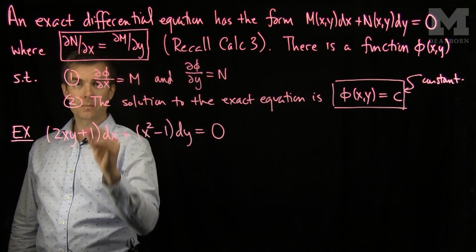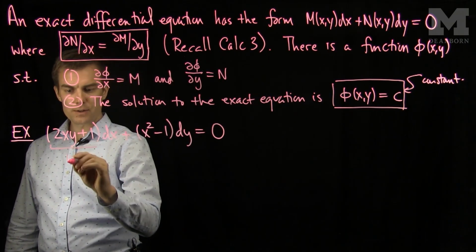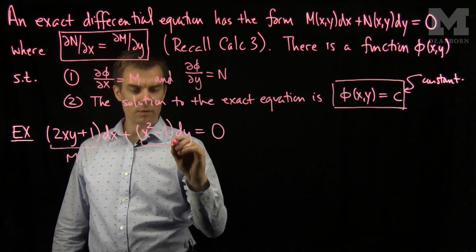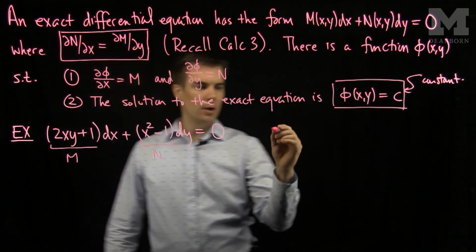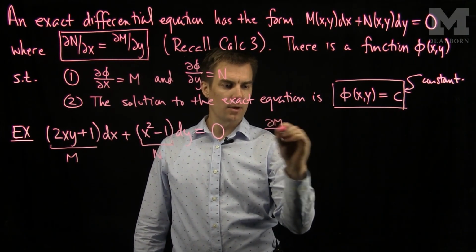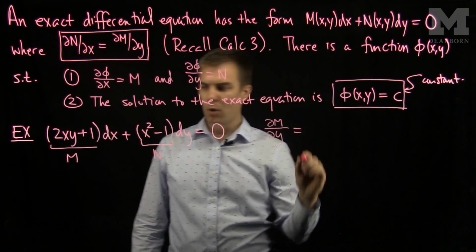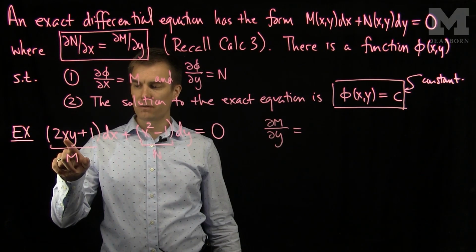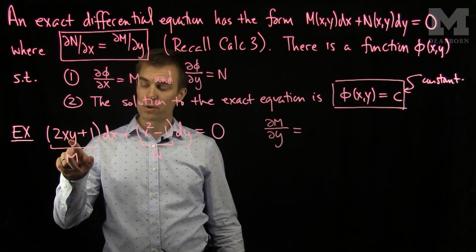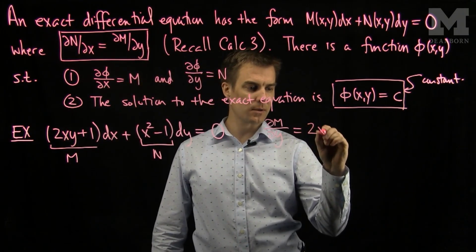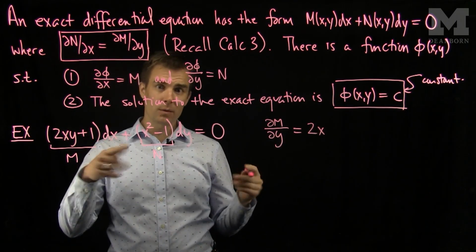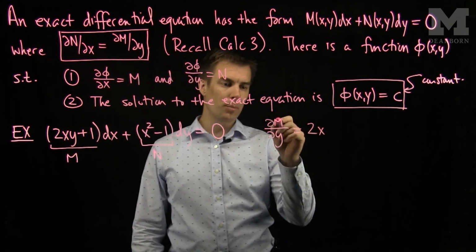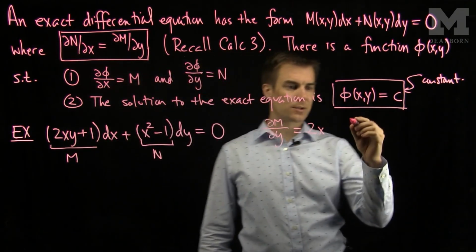This function over here is our M. This function over here is our N. So partial M partial y: we hold x constant. The derivative of 2xy with respect to y is 2x. The derivative of 1, which is a constant, is 0. So partial M partial y is 2x.